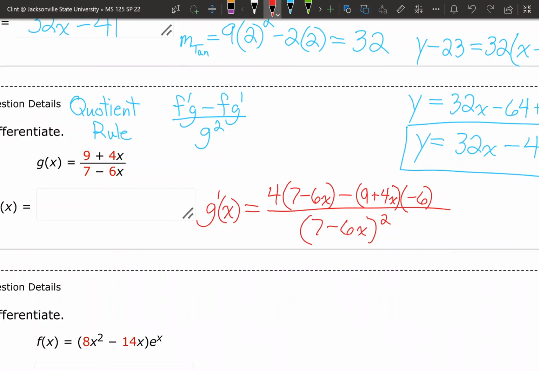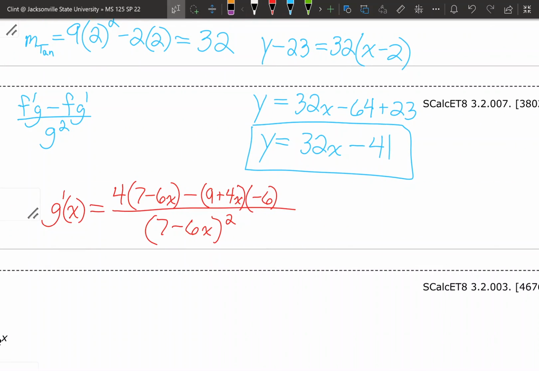And now it looks like we could probably simplify some. If it was any messier than that, I would just tell you not to simplify. Let's see if it does us any good.